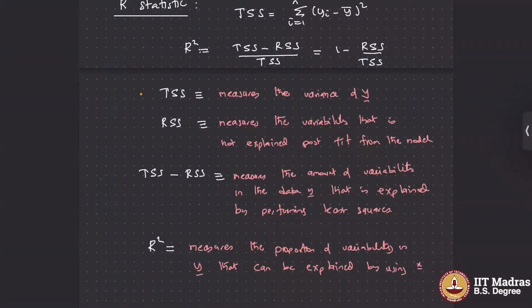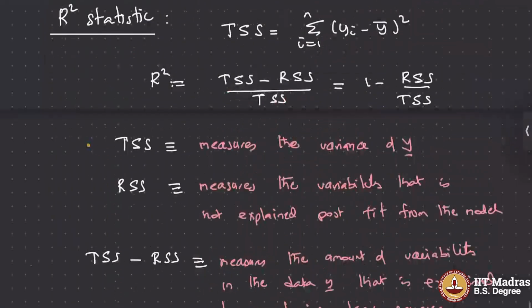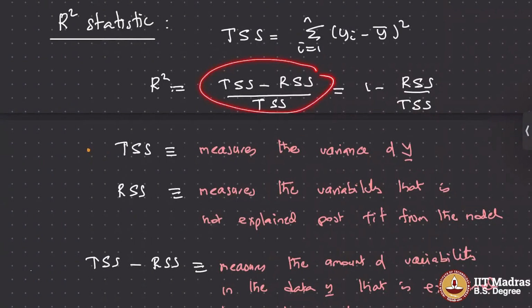If an R squared statistic is close to 1, that means a large proportion of variability in Y is explained by the fit. If this is close to 1, you are doing a good job. Your line is explaining the variability of Y as compared to the true variability.